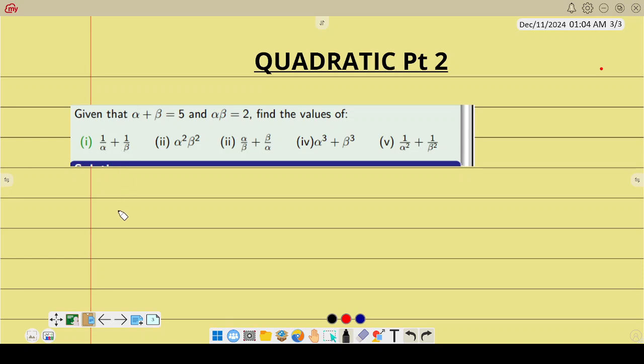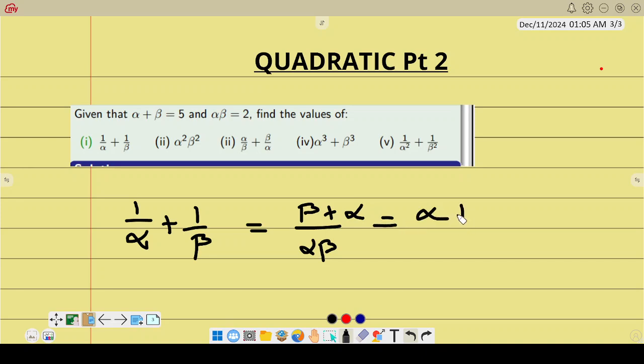Like here, we have 1 over alpha plus 1 over beta. So you can express this as a single fraction. You'll simply say alpha times beta, it is alpha beta, and then beta times 1, it's beta, plus alpha times 1, it's alpha.